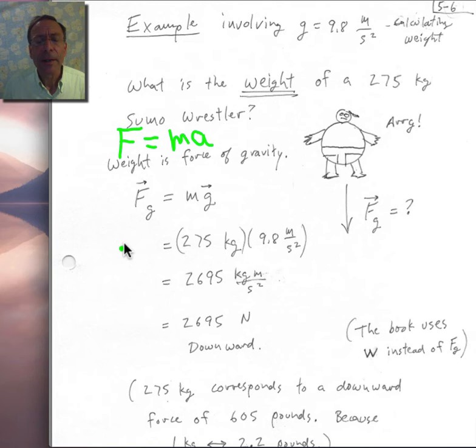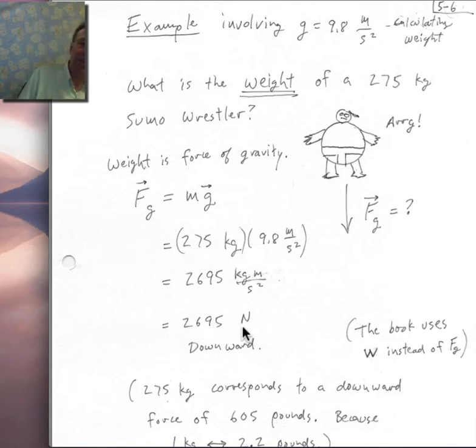It's just that here we're figuring out the downward force from gravity, and we can use the acceleration of gravity here to figure that out. Okay. Anyhow, you plug in the 275, the 9.8 meters per second squared, and you get the answer. And so the weight of the sumo wrestler is 2,695 newtons in the downward direction.